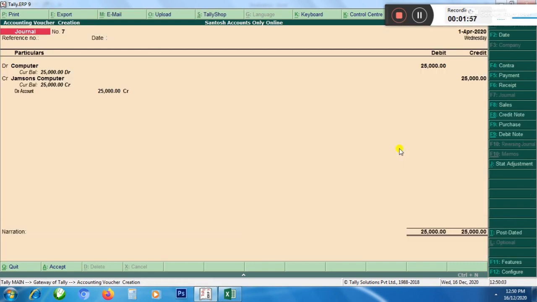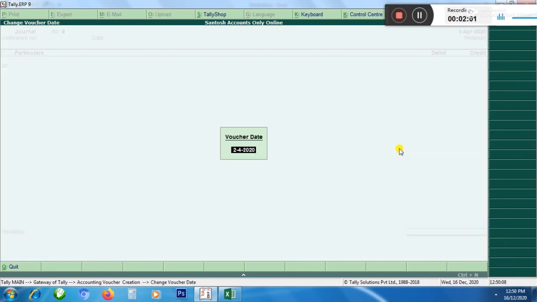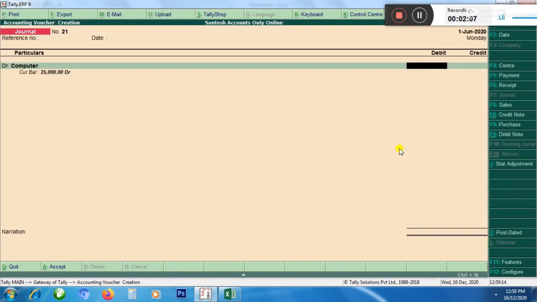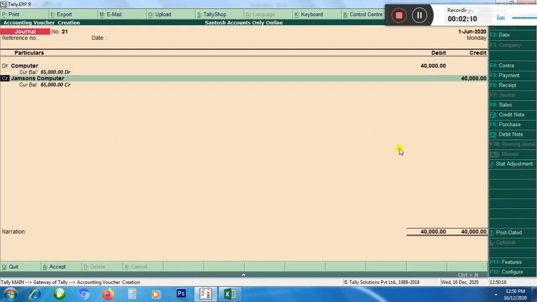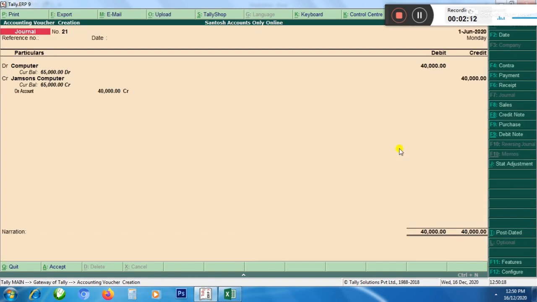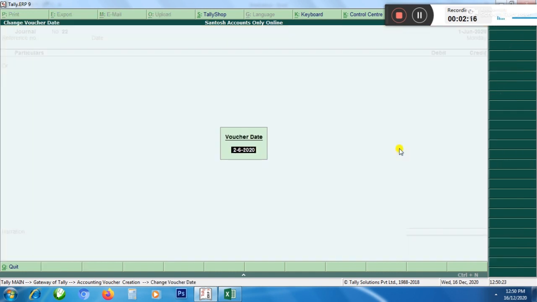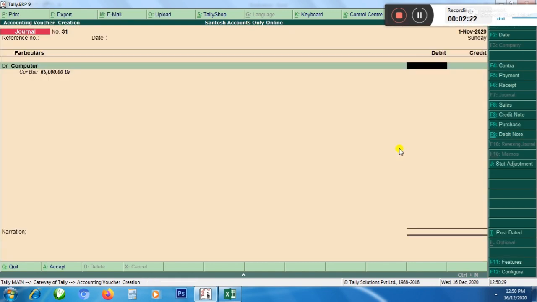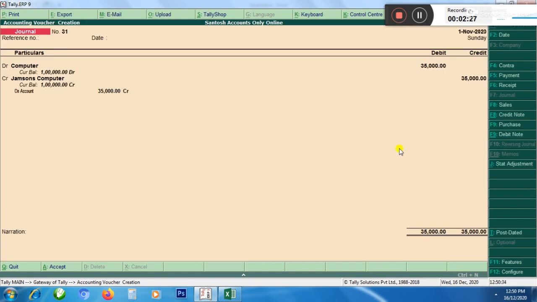Suppose I purchase one more computer on 1st of June, computer account debit, say 40,000, from Jameson Computer. Again I purchase one more computer in November, computer account debit, about 35,000, Jameson Enterprises.